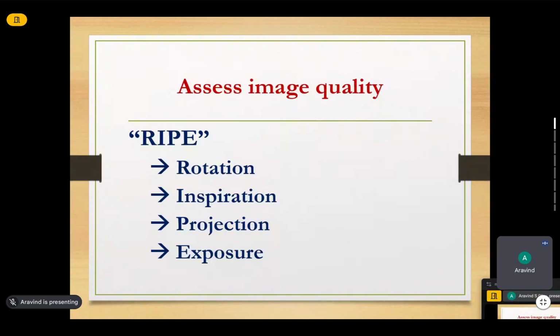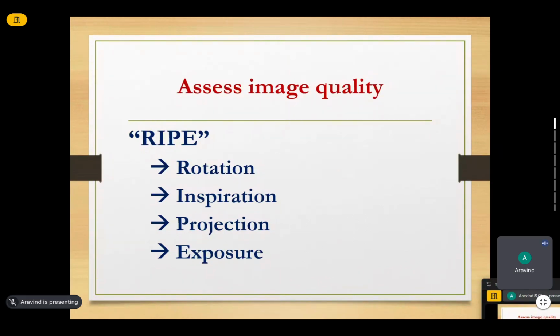Next, we have to assess the quality of the X-ray image. For that, we look at whether the image is rotated and whether the X-ray has been taken in proper inspiration with enough breath taken. We also look at the projection, whether it has been taken in PA view, which is commonly used, or AP view, lateral view or decubitus view.